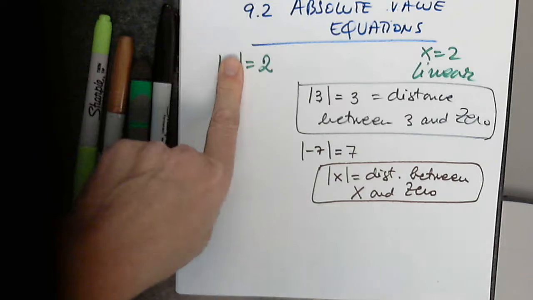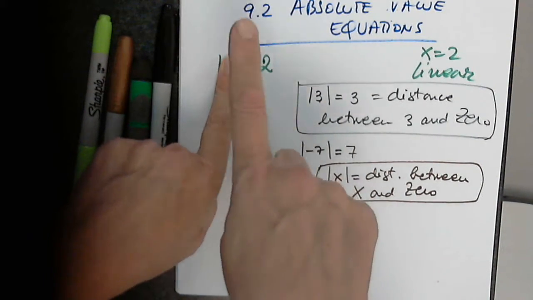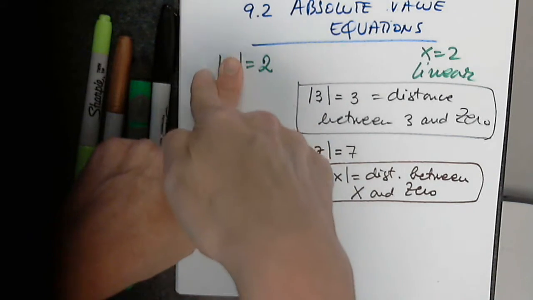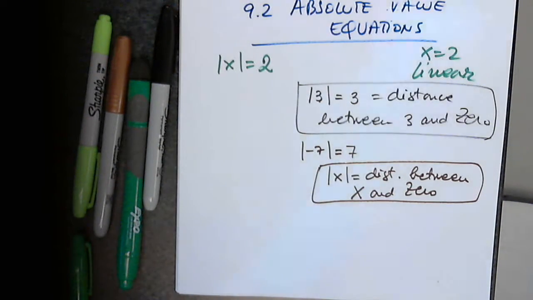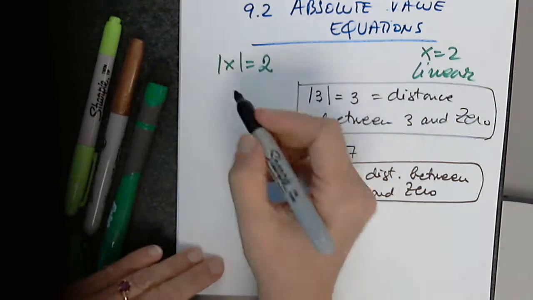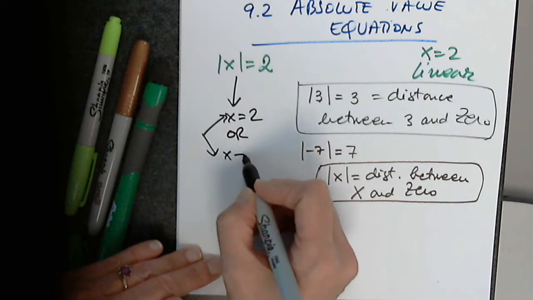So whatever I have in here in absolute value has to be 2. How many numbers have the distance from 0 to? 2 numbers. And they are? Is 0 2 units away from 0? No. So the numbers are 2 and negative 2. And that's the answer. So the answer to this is x equals 2 or x equals negative 2.